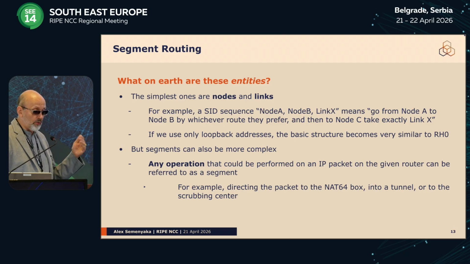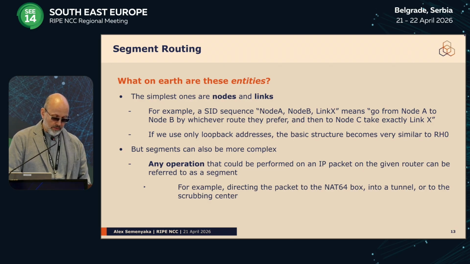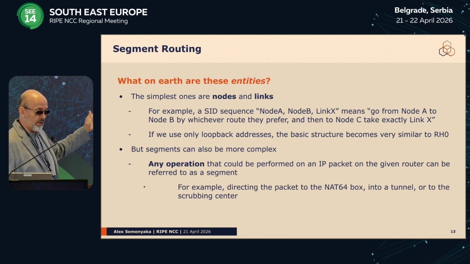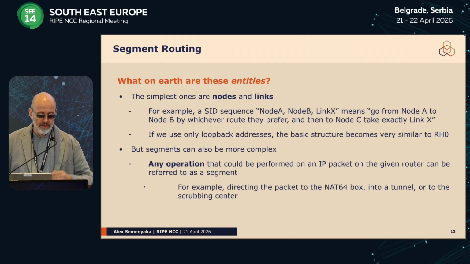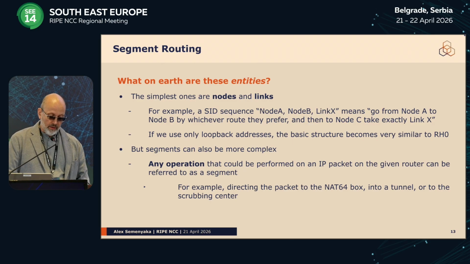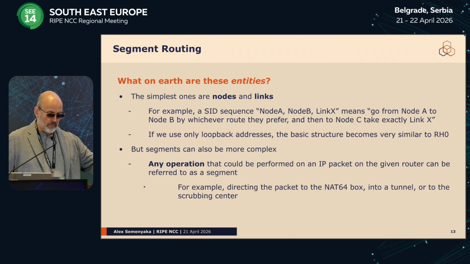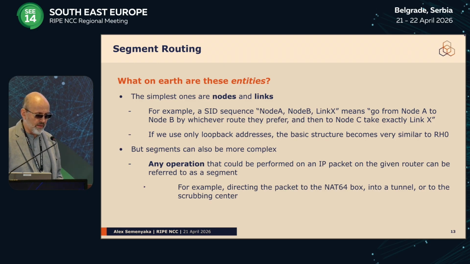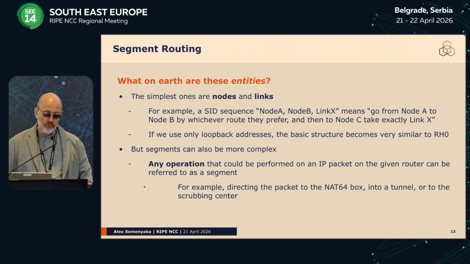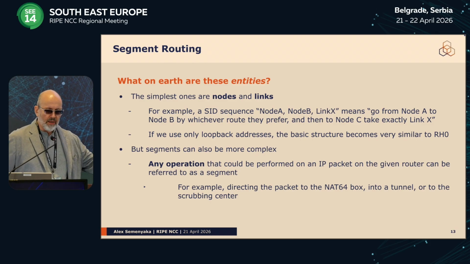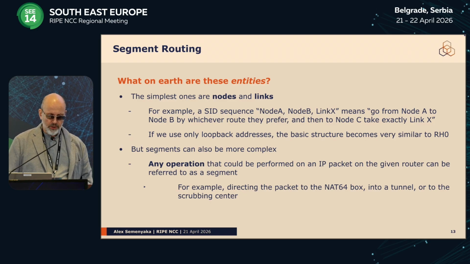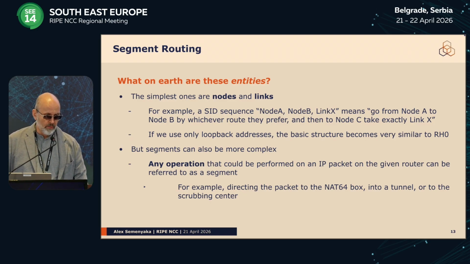But we can have not only nodes, we can have, for example, links, as I mentioned. If the SID sequence is, as you see here, A, B, X, what does it mean? It means that you should go to A. I am not telling you how. The local router will decide. Then you should go to B, and router B will decide. The only requirement is that you have to be on node B.